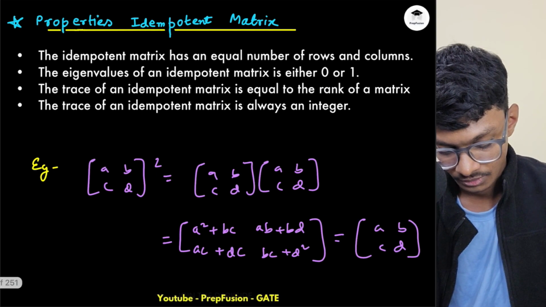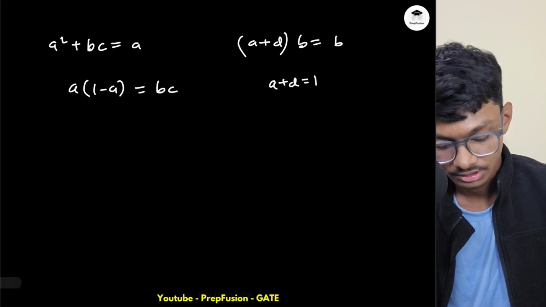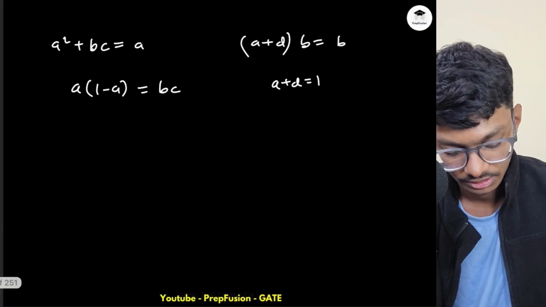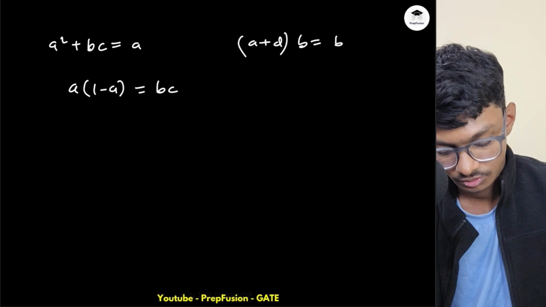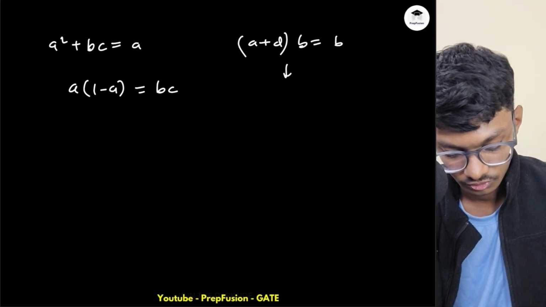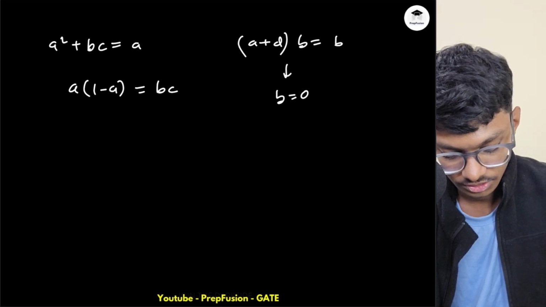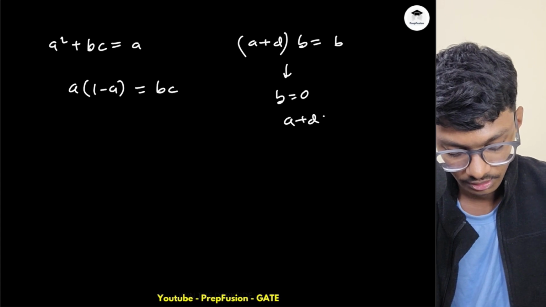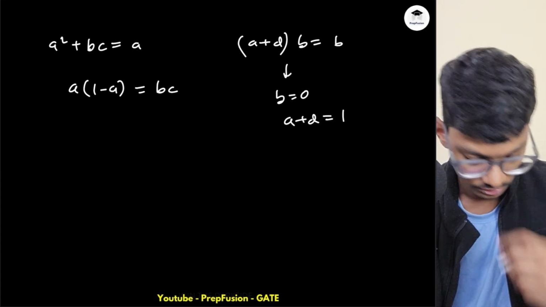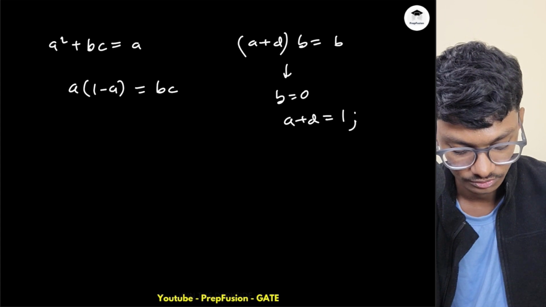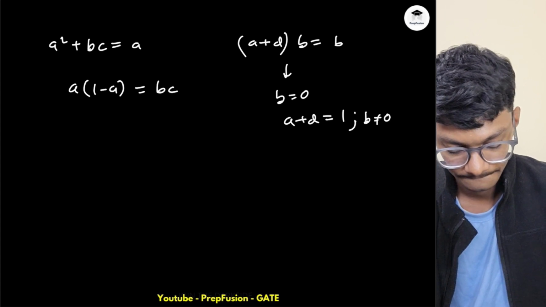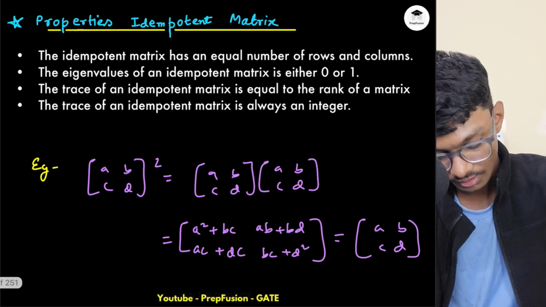So from here, either b can be 0, b can also be 0. So either b is equal to 0, or a plus d equals 1, and b is not equal to 0. What is next?